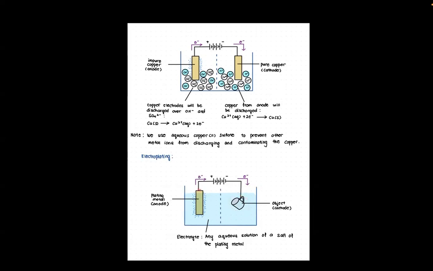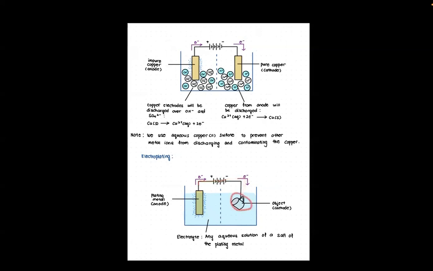So what we do is use a plating metal, which is maybe copper. Same thing, this is going to dissolve and give out electrons so that they go over to this side.